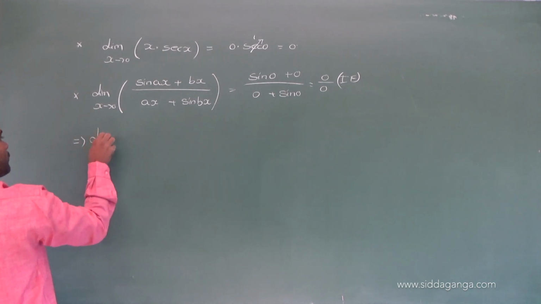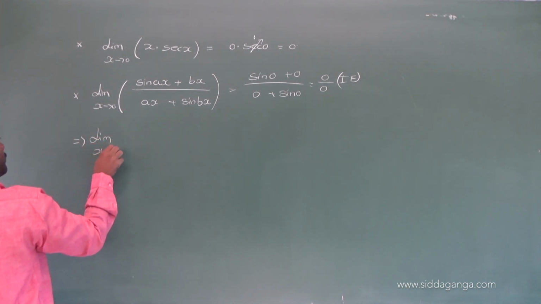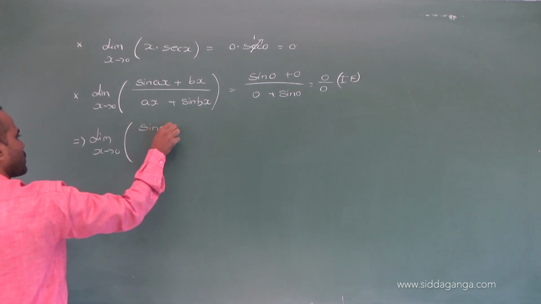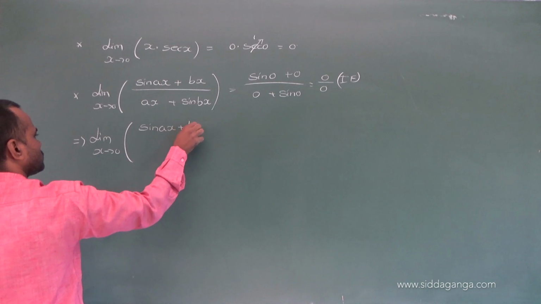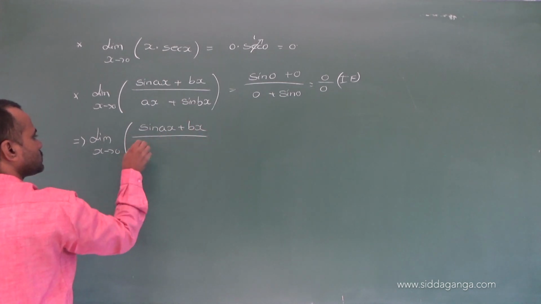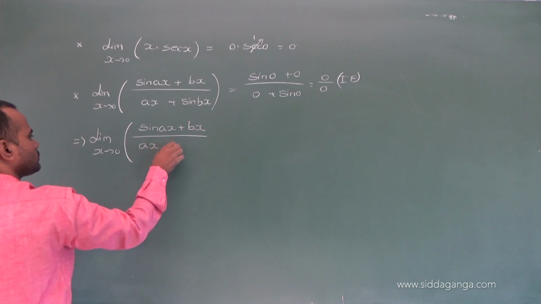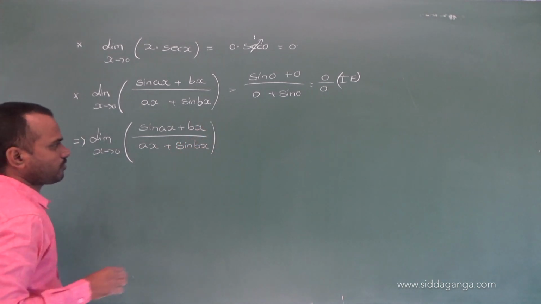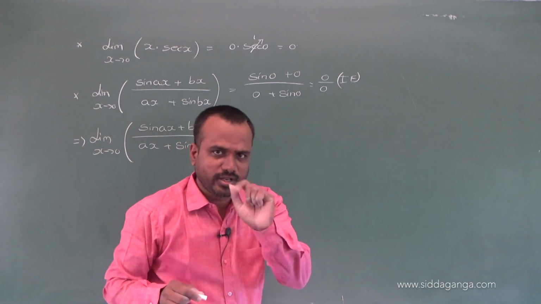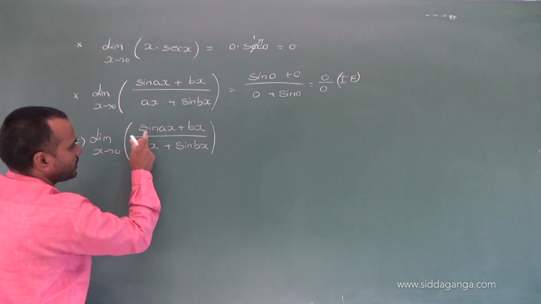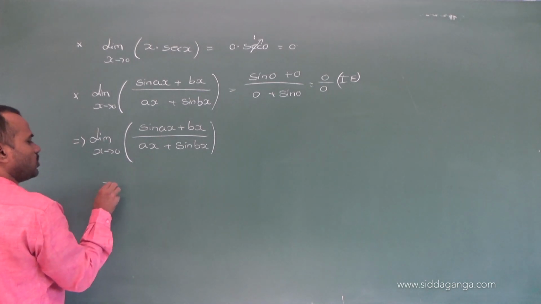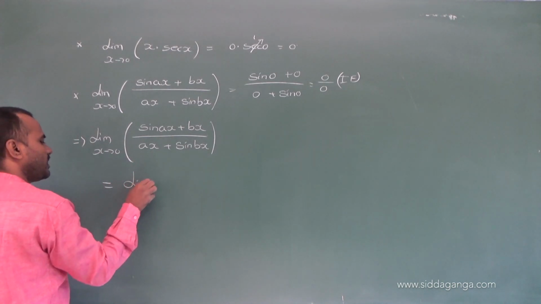In the numerator we take x common, in the denominator we take x common.